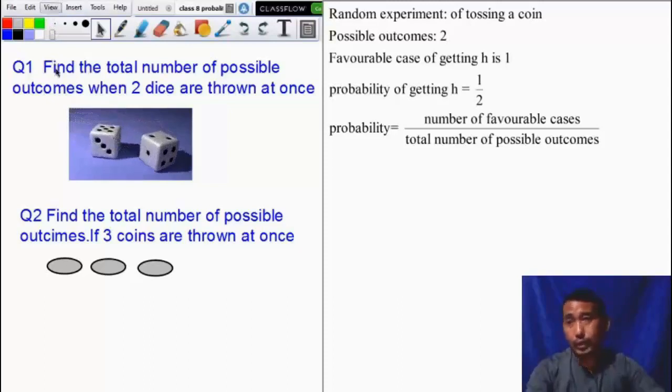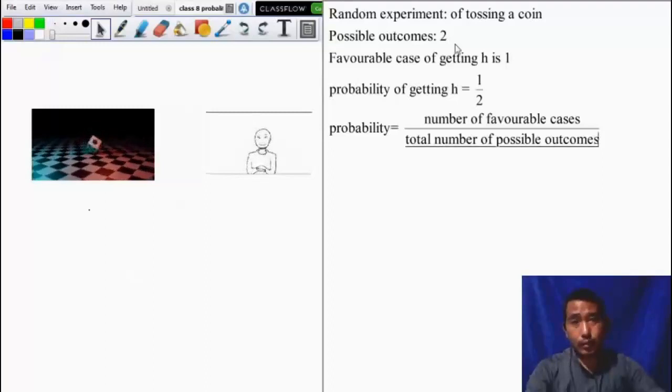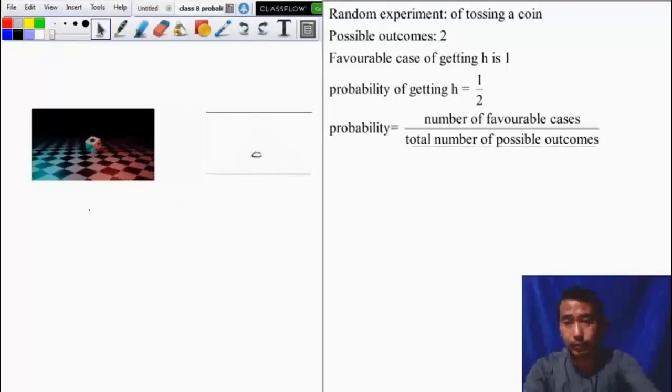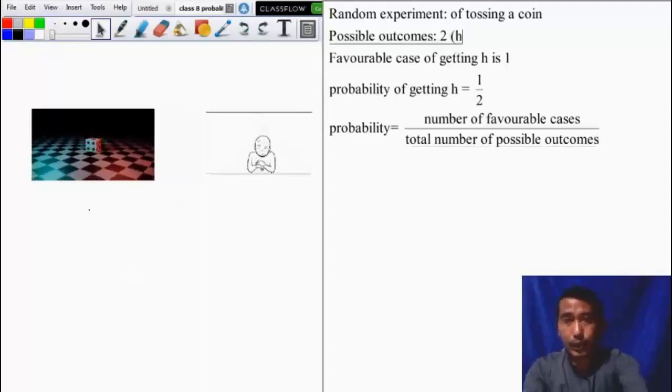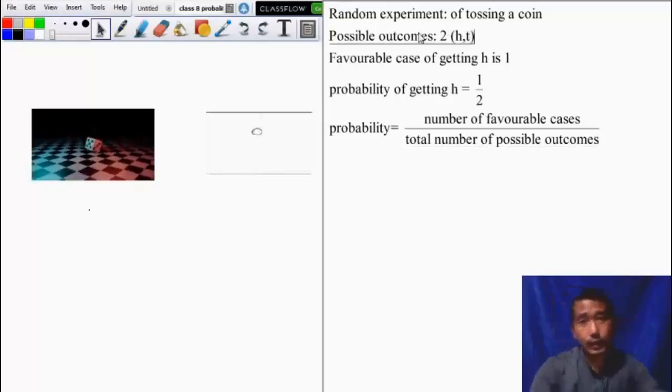In the coin case, the possible outcomes were 2, because we had only a head and a tail.